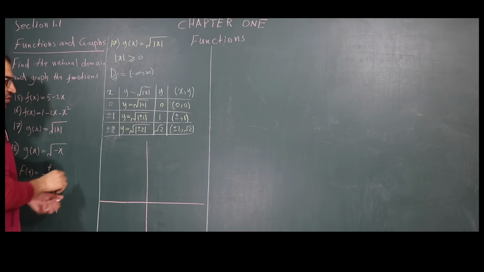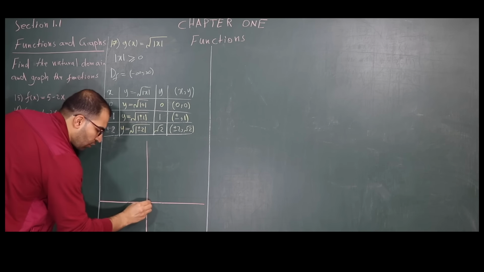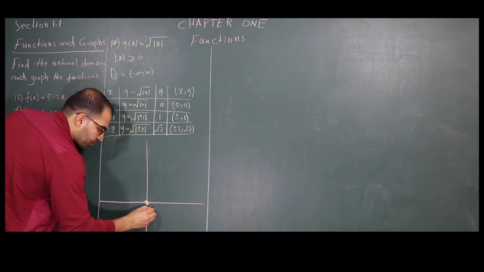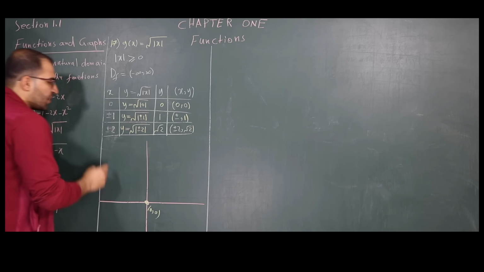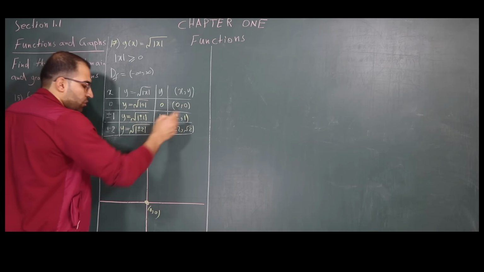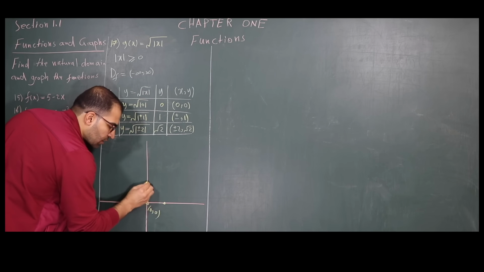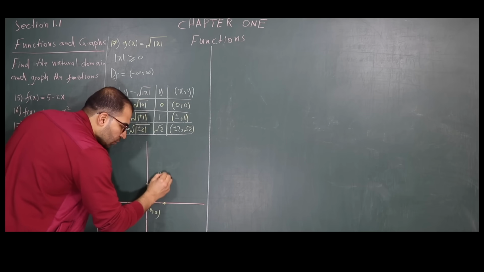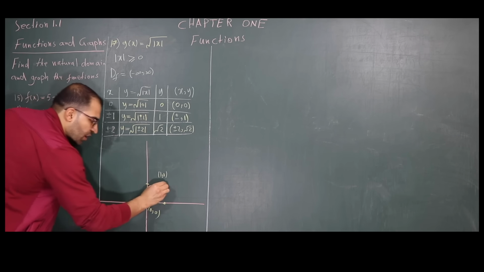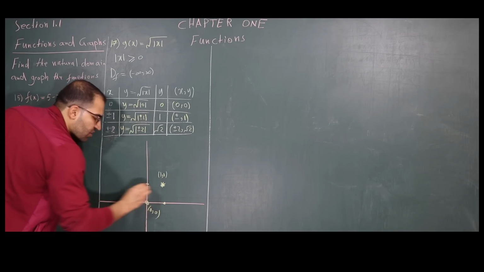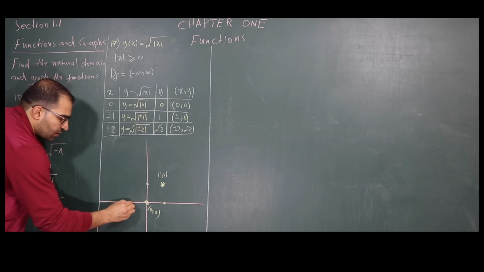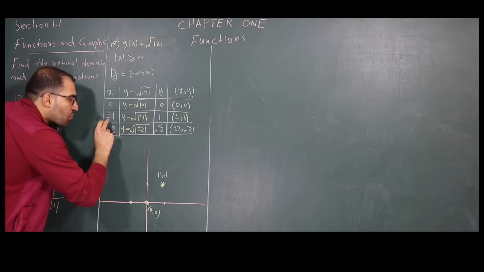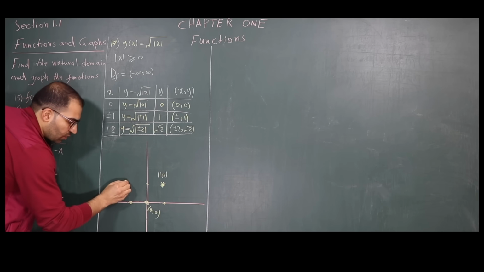First I'm going to take the first point, which is (0, 0), the origin. And then I'm going to take plus 1, the result will be 1. This is the point (1, 1). Let me make it a cross to be clear, or a star, an asterisk. And minus 1 is also 1.